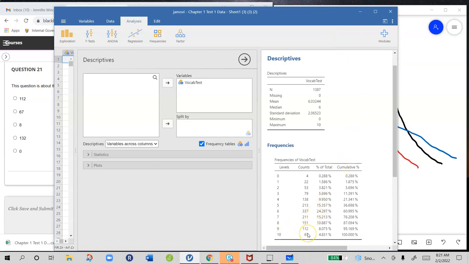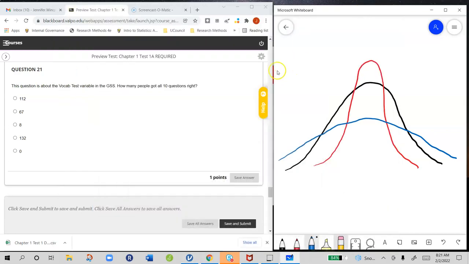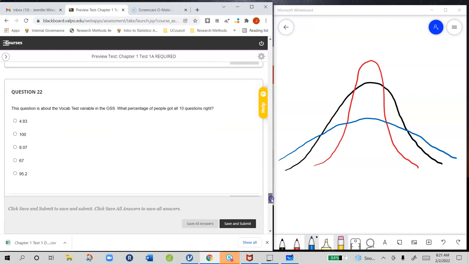We have 67 people who got 10 right on that distribution. And that represents 4.831% of the 1,387, right? If you divide 67 by 1387. All right, moving on. Next is what percentage of people got all 10 questions right, which we just answered.